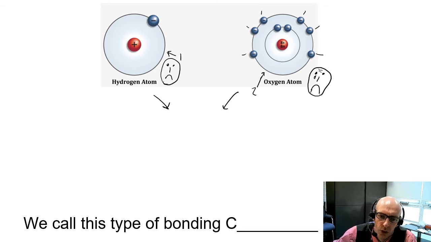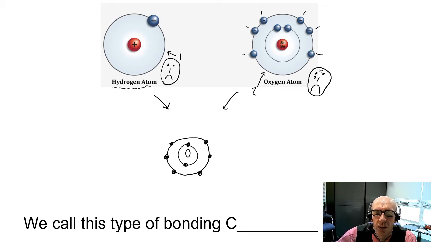So let's put our oxygen down first. I'll just put an O in the middle. There's his first 2 electrons, 1, 2. And there are the 6 on the outside, 1, 2, 3, 4, 5, 6. And here's a hydrogen.